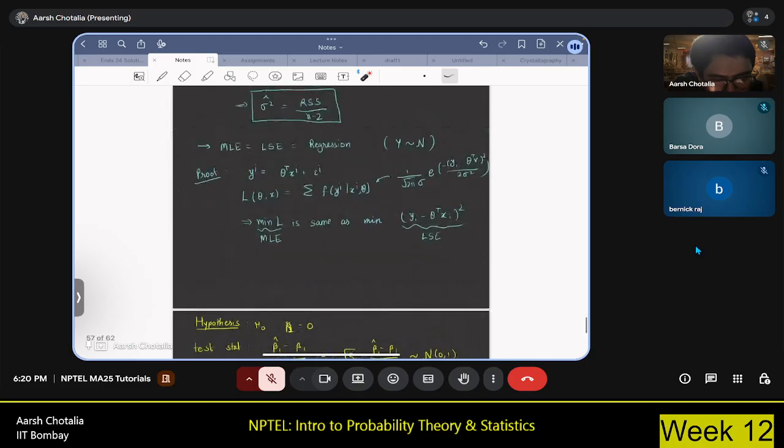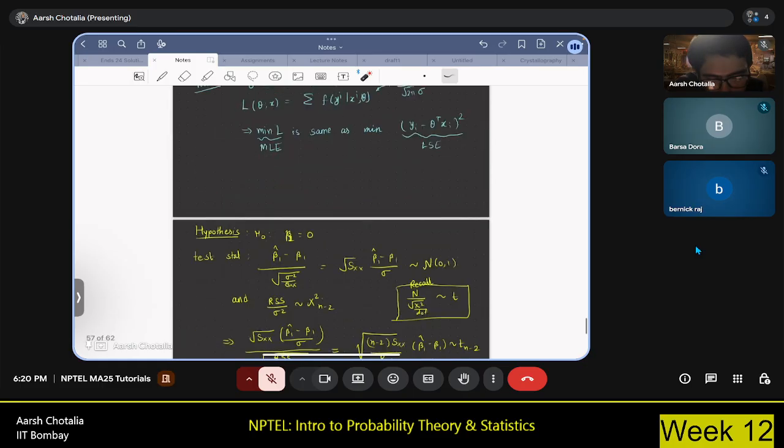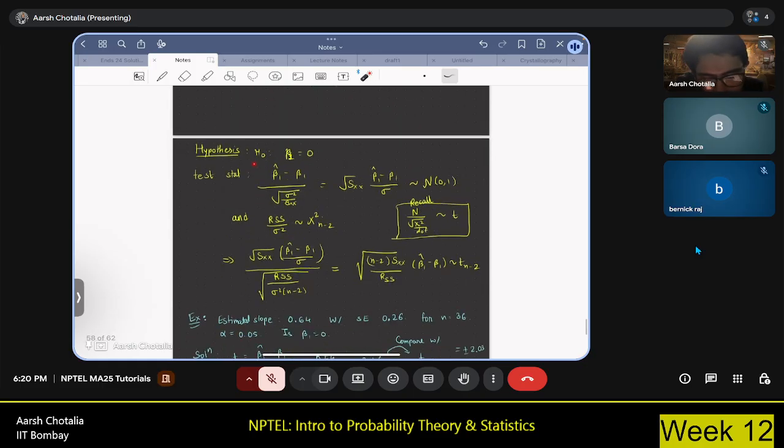Just like we said earlier that correlation is zero, now we can make a null hypothesis that beta 1 is equal to zero. What beta 1 equal to zero means is that you have a flat line of y versus x, which means y does not really depend on x. So again, it's the same kind of statement.